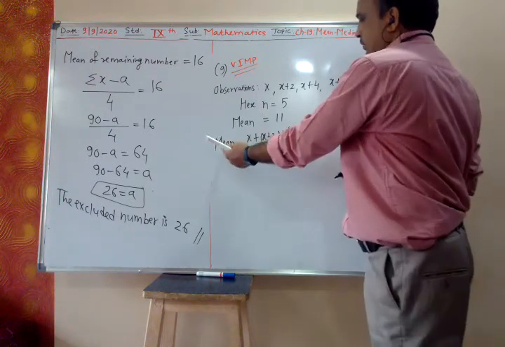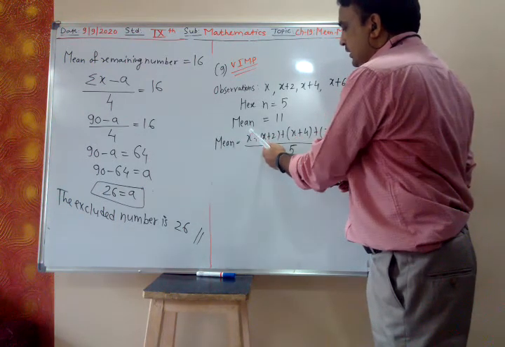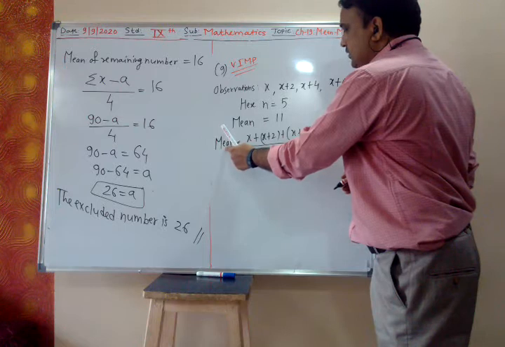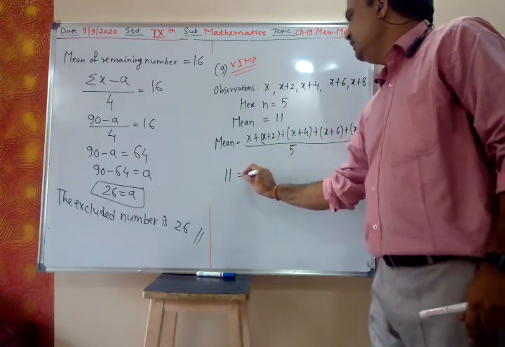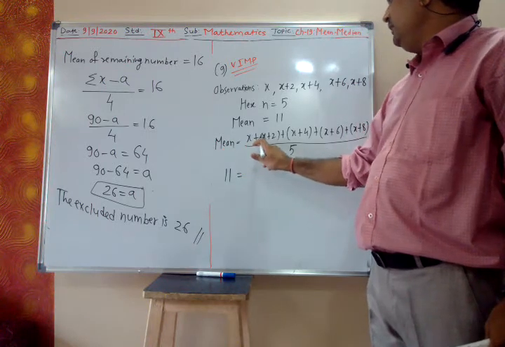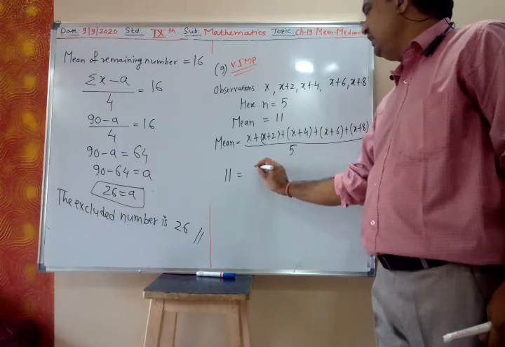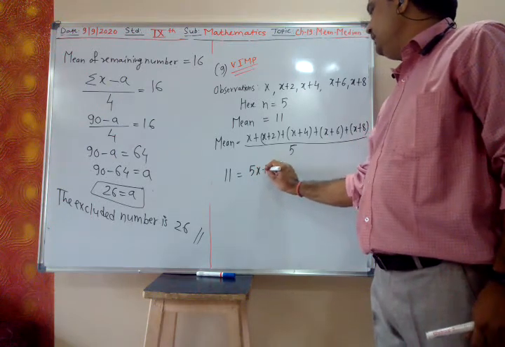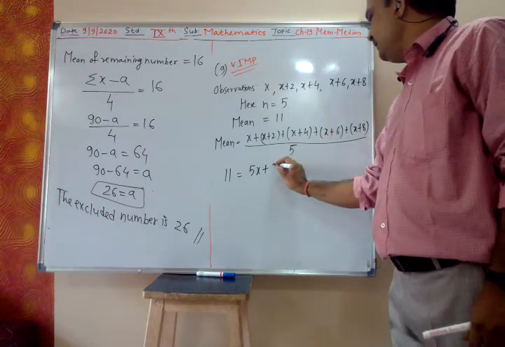The mean is already given, so 11 is equal to this. Adding, x appears 5 times, so 5x, then plus 2 plus 4 is 6, plus 6 is 12, plus 8 is 20.